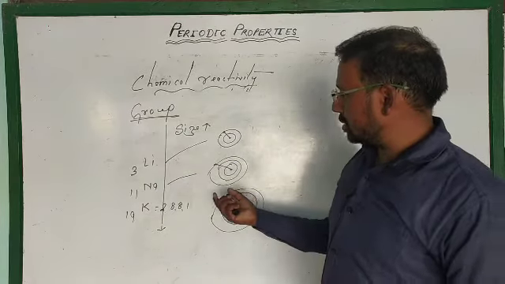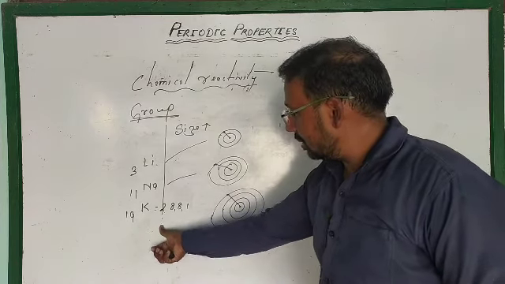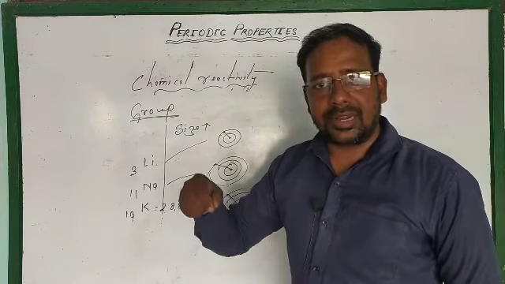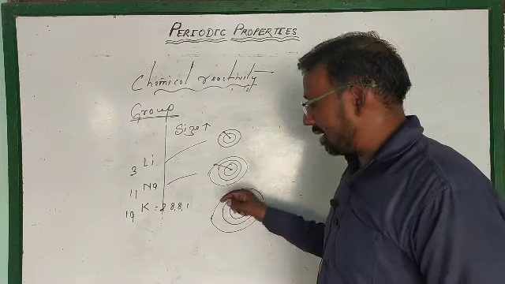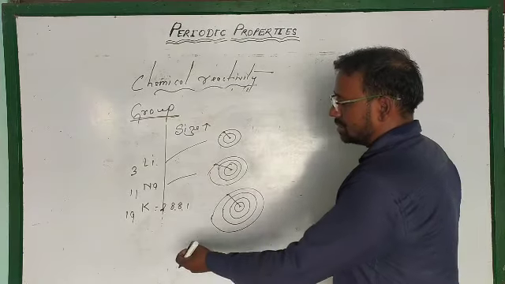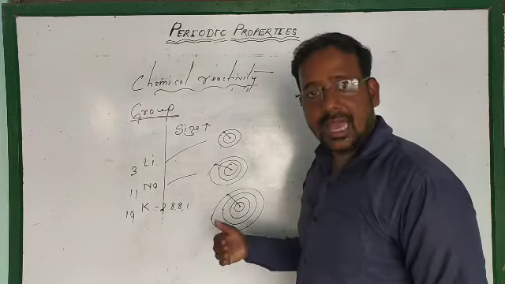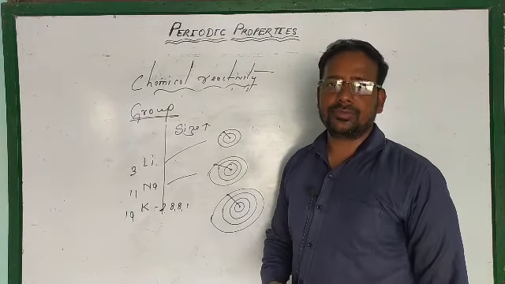Please make me understand which one has the least attraction between the nucleus and the valence electron. Which one? Simply you can say that, sir, in the case of potassium they have a greater size and least attraction.